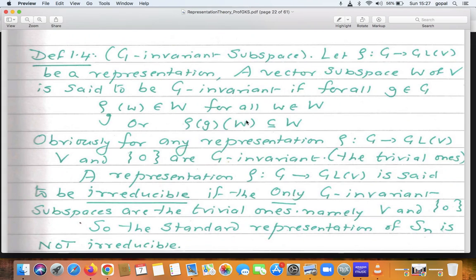That is, this W must be invariant under rho g for all g.